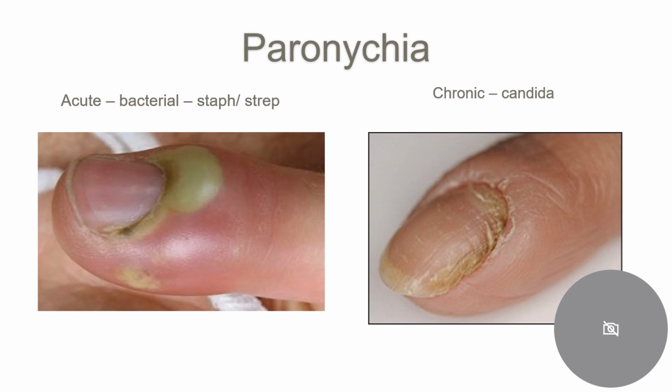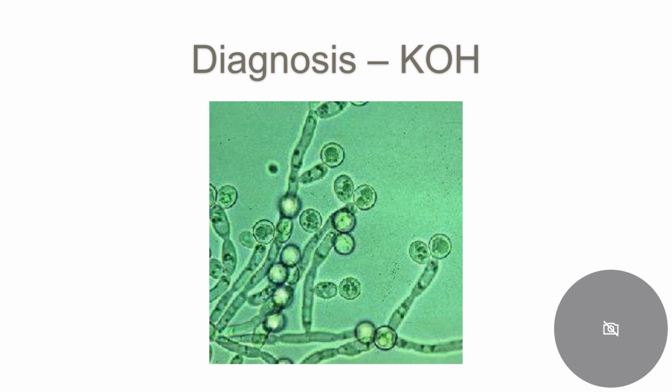So it can be acute or chronic paronychia, and often acute infection is through bacterial infection like staph or strep, and chronic infection is with candida. The diagnosis would be through potassium hydroxide KOH prep. Again, you can see these segmented hyphae and these round spores.